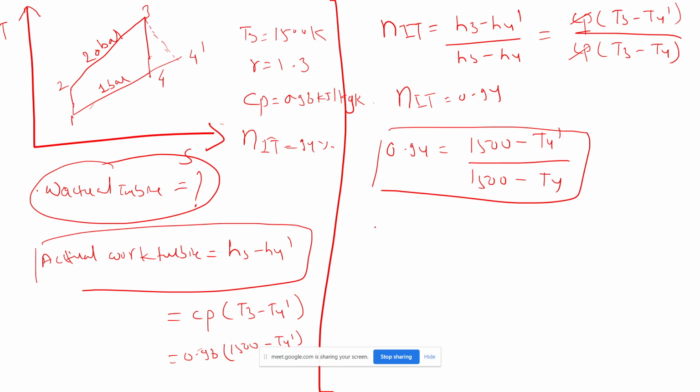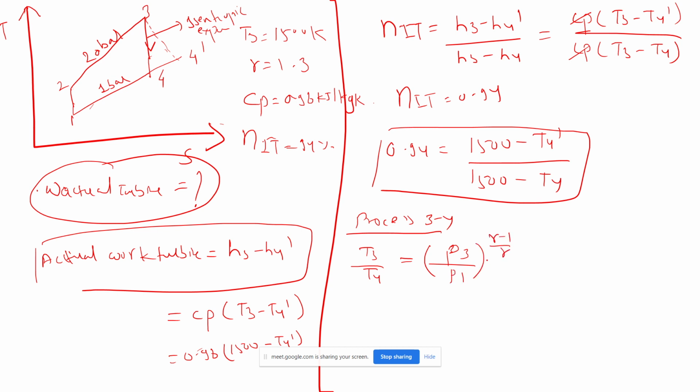Since process 3 to 4 is a reversible isentropic expansion, we can write for process 3 to 4: T3 upon T4 is equal to P3 upon P4 to the power (gamma minus 1) upon gamma, because it is the pressure ratio.